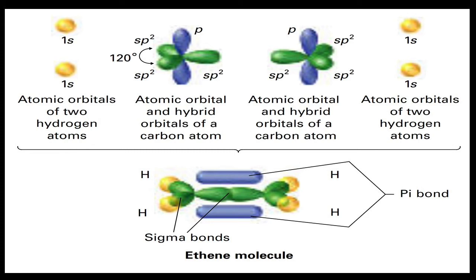So, here is the ethene molecule where you have this rather complex combination of sigma bonds and pi bonds. You see the sigma bonds, and then you have this one sigma bond, and then you have the pi bond, the overlapping ones coming in side by side.